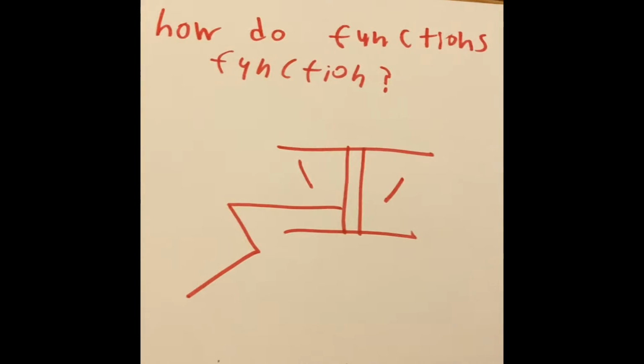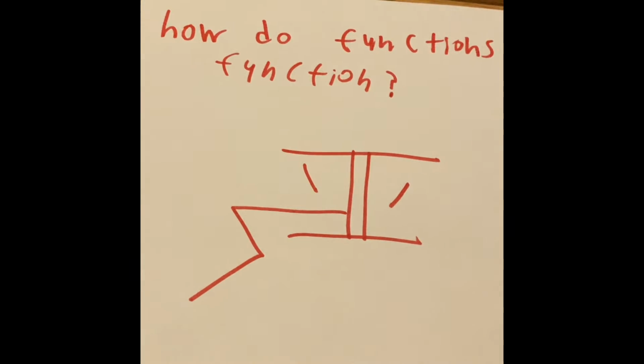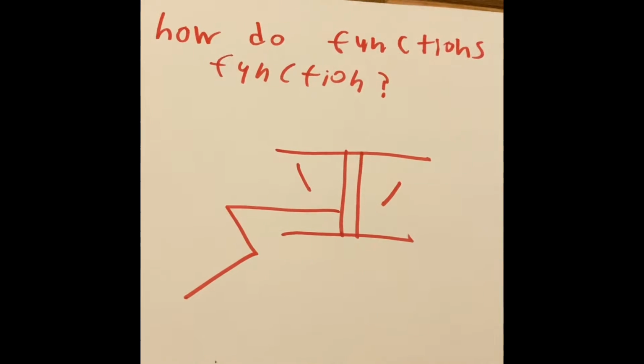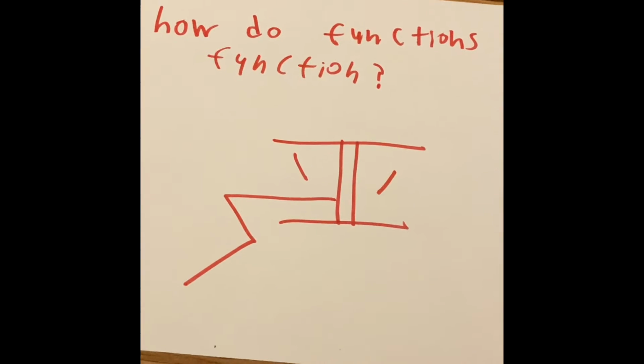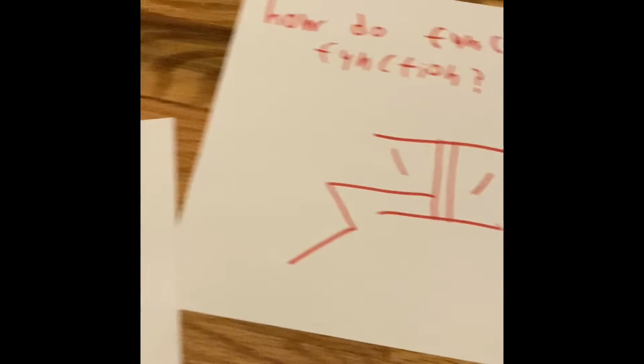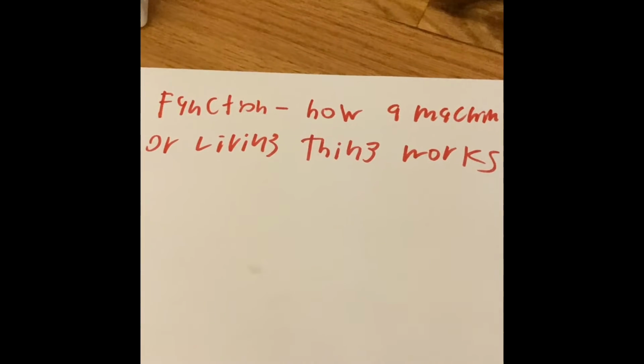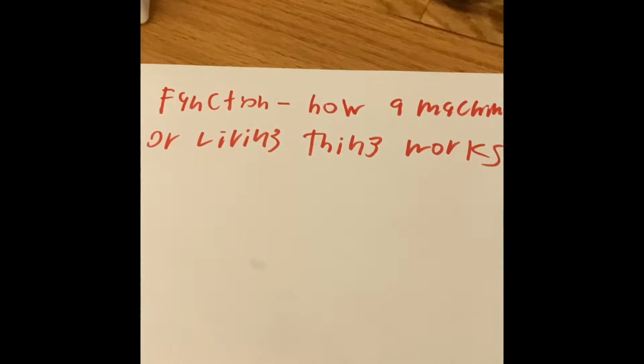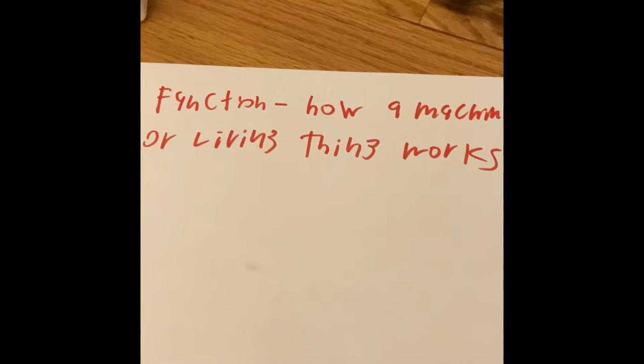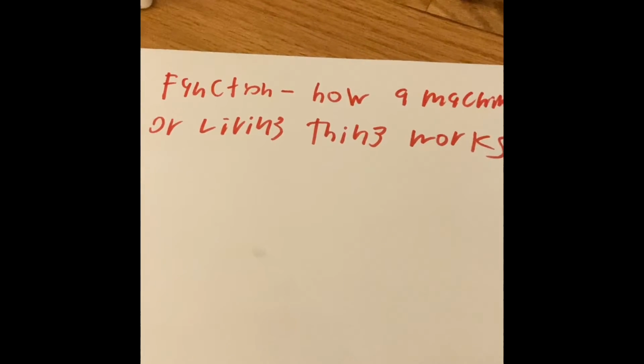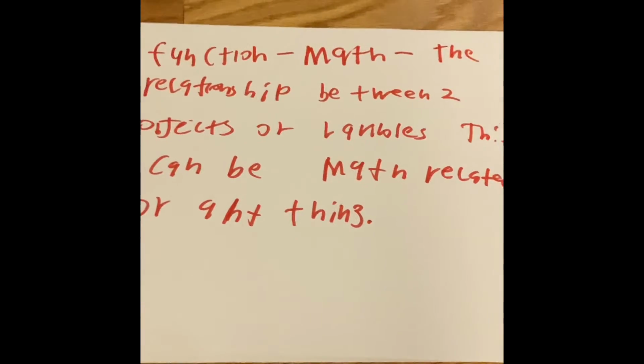So in this video, we're going to be learning a new concept about functions in mathematics. And a function is how a machine or a living thing works. But if we want the mathematical term for functions, then we're going to look at this definition.